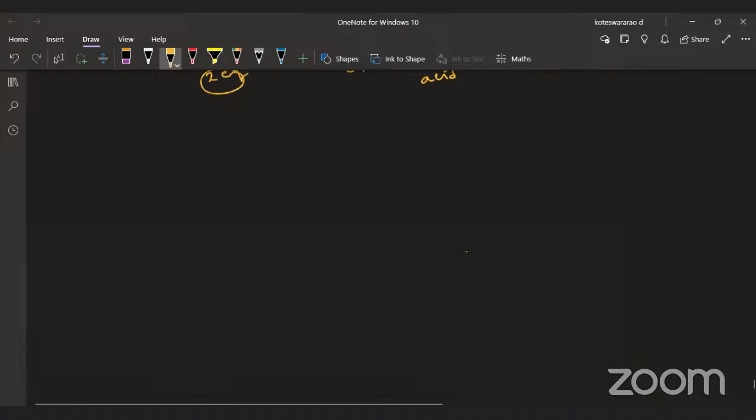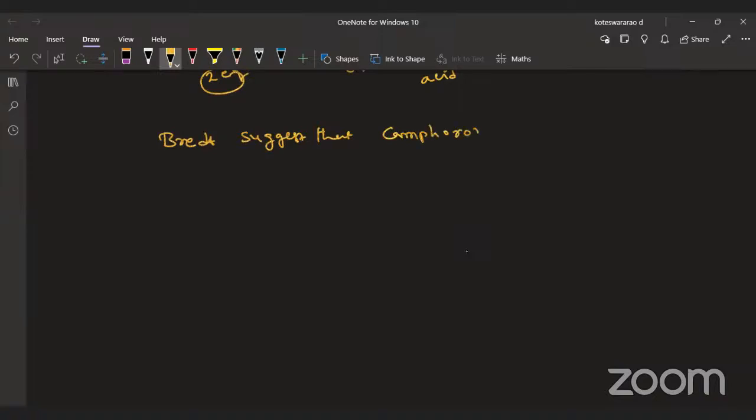Here I am going to write: a British scientist suggests that camphoronic acid is an alpha beta trimethyl carboxylic acid.